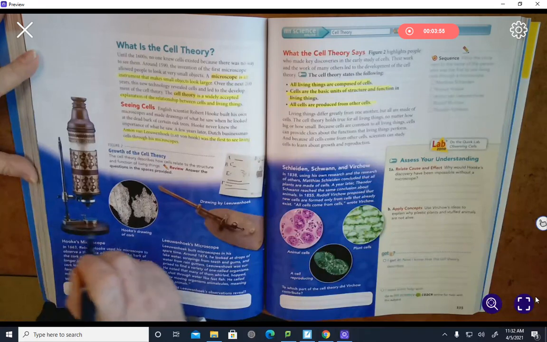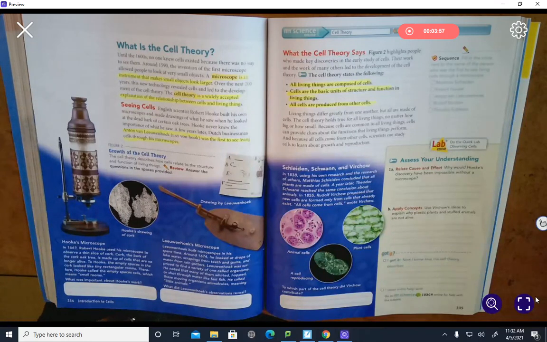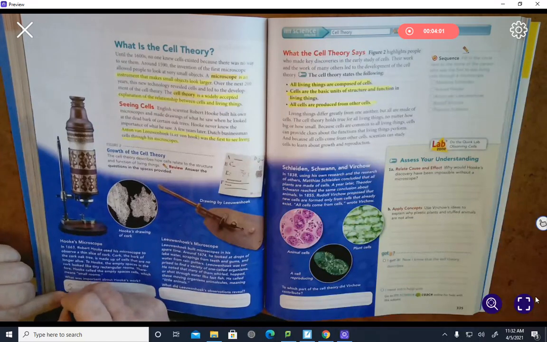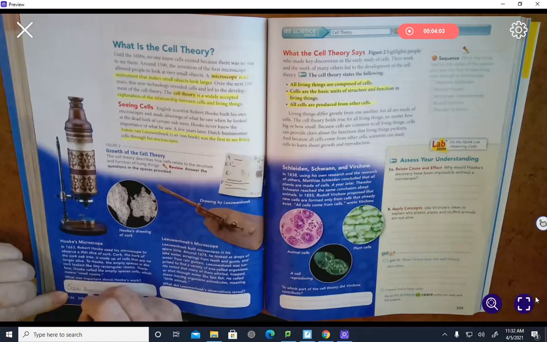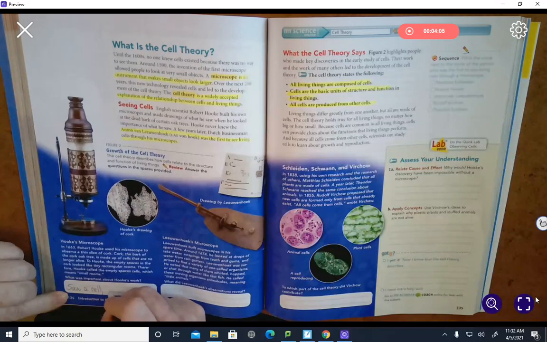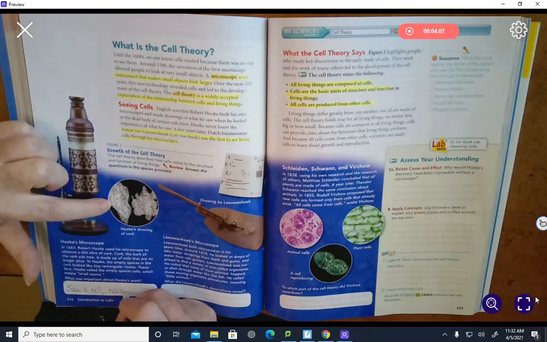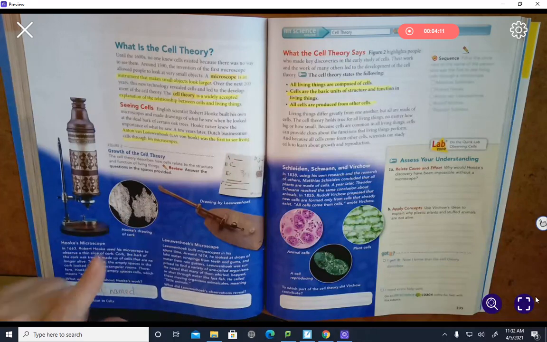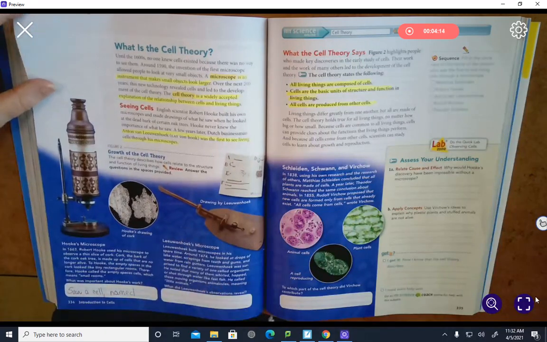This man right here, Robert Hooke, isn't really credited or remembered, but he was the first person that saw a cell, and he also named it, but he used cork. So his were dead. He didn't see any movement. And then this guy was the first to see living cells.